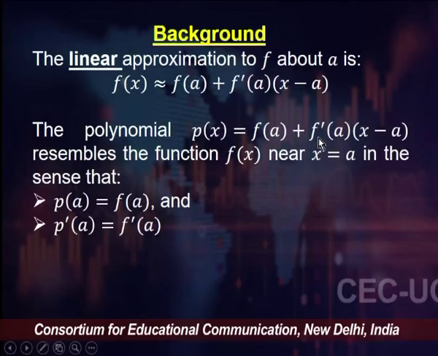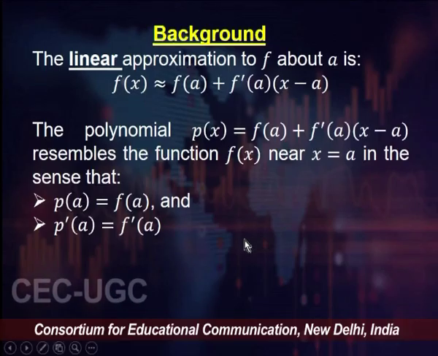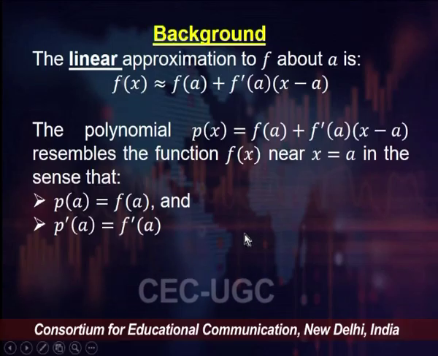Now, there are two important things here. One, we said that this polynomial approximation that we are taking, which is f of a plus f prime at a times x minus a, is linear in x. It is a linear approximation after all. And this resembles the function f of x near x equal to a in two respects.